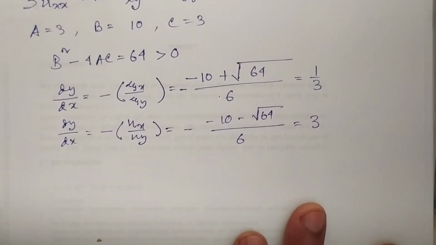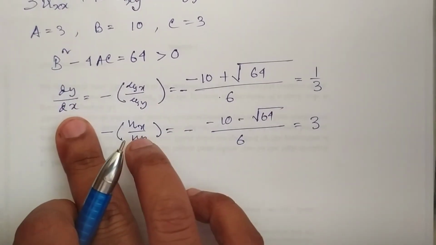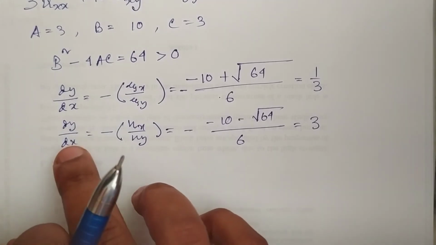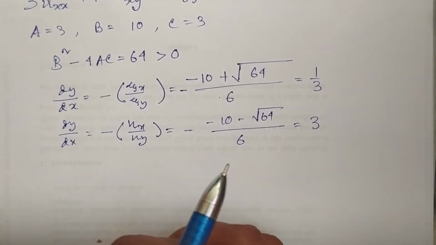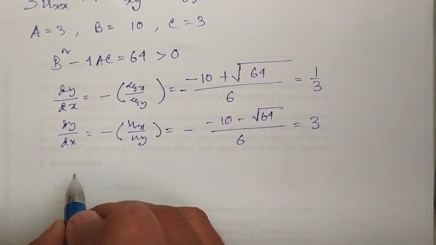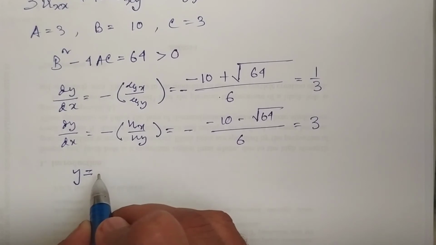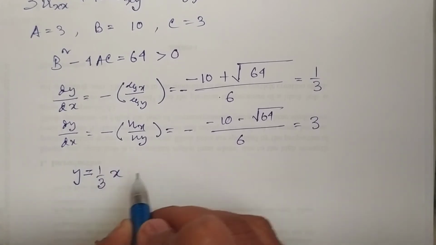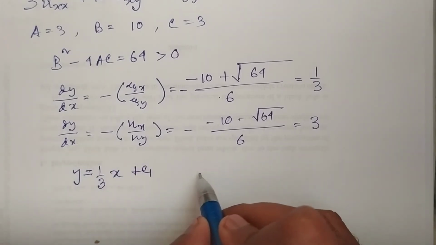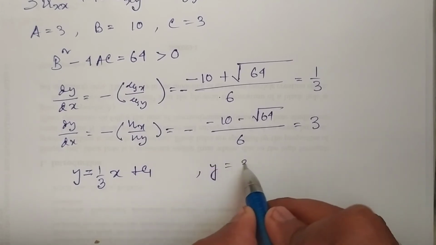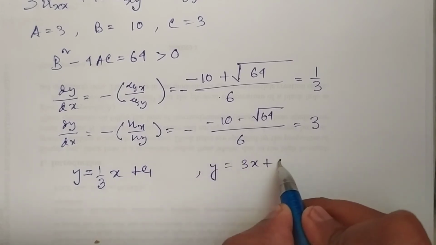So we integrate these two equations, that is dy/dx is equal to 1 over 3 and dy/dx is equal to 3, and we obtain that the first equation is y is equal to 1 by 3 x plus c1, and the other is y is equal to 3x plus c2.